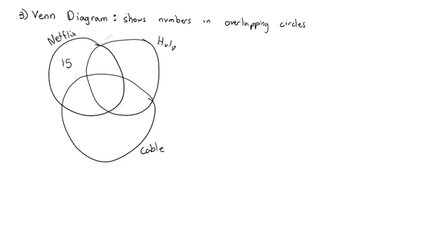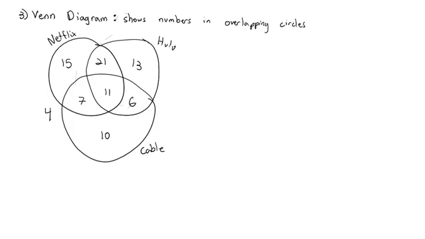And maybe there's 15 in the top left, 21 in the top center, 13 in the top right. Down the middle row, we've got 7, 11, and 6. And in the bottom, 10. And even outside of the circles, I can have a number.